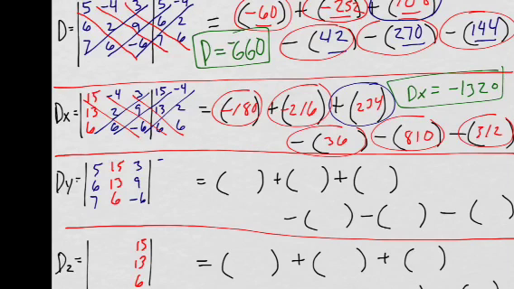I'll repeat my first two columns, 5, 6, 7, 15, 13, 6. And I'm going to multiply down 3 times, and then I'll multiply up 3 times, subtracting that second set.